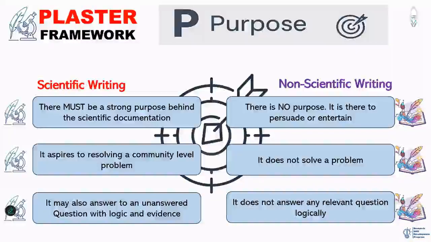And as far as non-scientific writing is concerned, there is no purpose at all. People say that those who are working on research get a purpose to live in their life. But most of the time, I feel that research is not taking us anywhere. We are just completely confused by taking up these research projects or doing certain kinds of doctoral research.